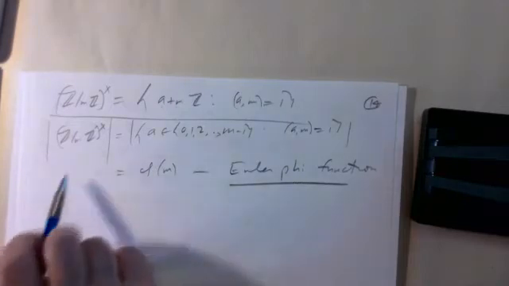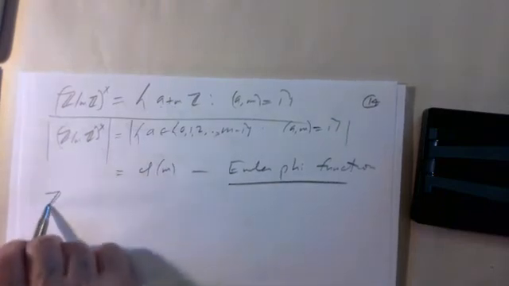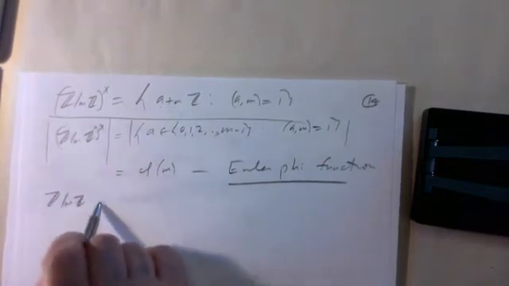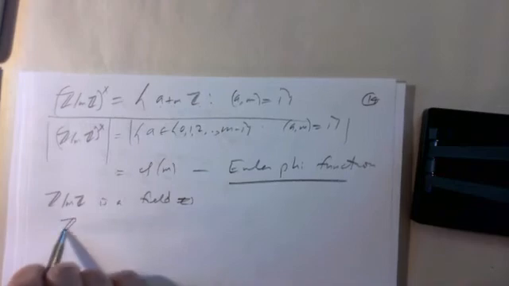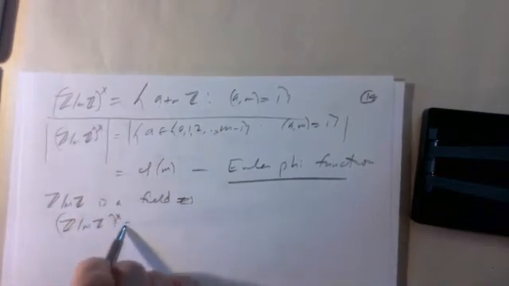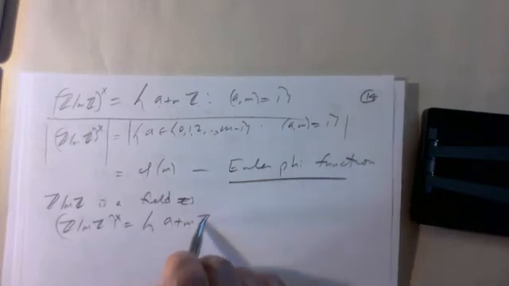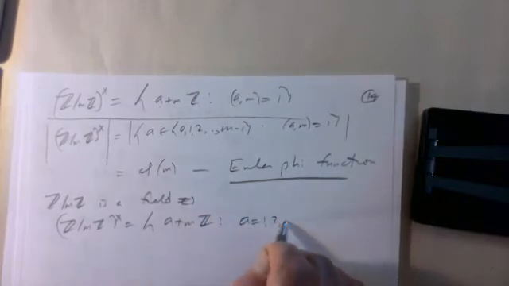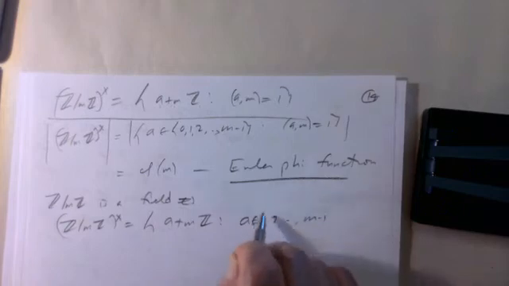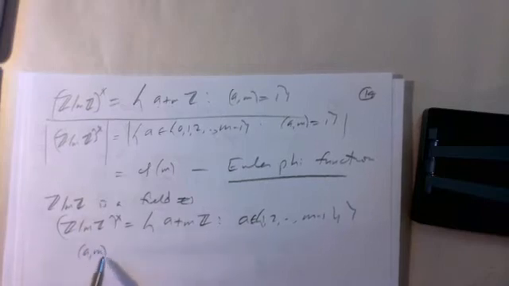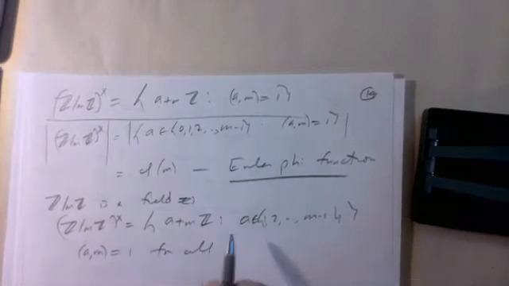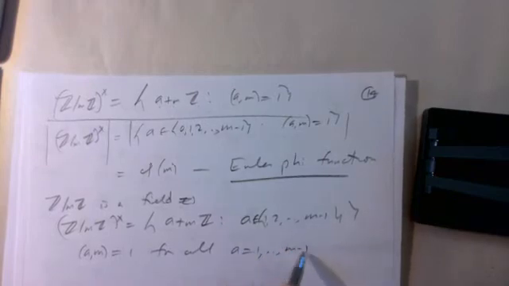And we want to know when is Z mod MZ a field? Z mod MZ is a field if and only if the group of units is all the non-zero congruence classes. So A plus MZ for all A from 1 up to M minus 1, which means the greatest common divisor of A and M is 1 for all A going from 1 up to M minus 1.